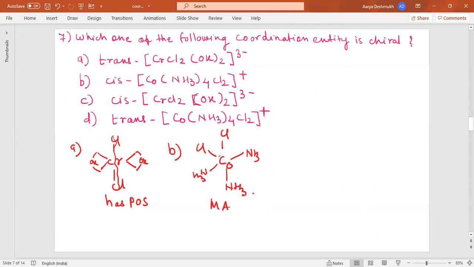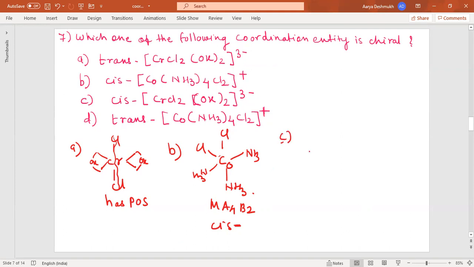For an Ma4B2 type of complex, this is the cis one. Cis isomer we draw. Now the next is the third one. You can draw the structure, then we'll discuss which is the answer.